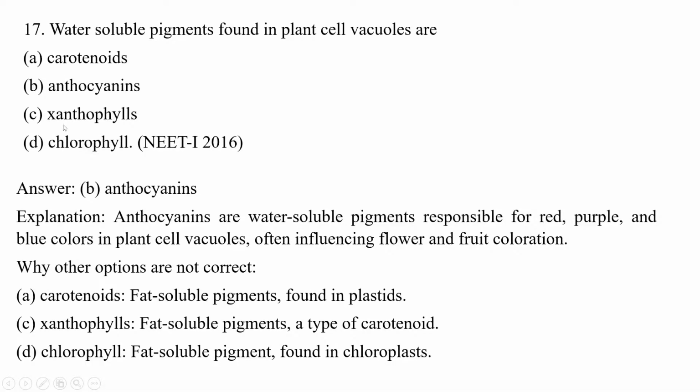Carotenoids, xanthophylls and chlorophylls are all fat soluble. Carotenoids are found in the plastid, and chlorophyll is found in the chloroplast. Anthocyanin is a water soluble pigment found inside the vacuoles of the cell, and it exhibits different colors like red, purple and blue in plant cell vacuoles.